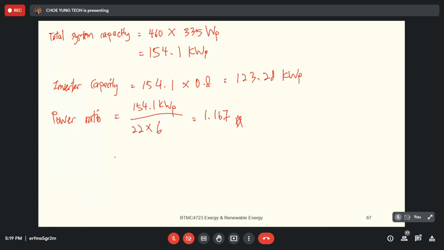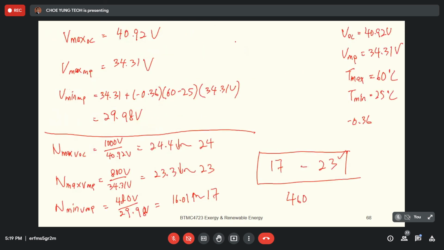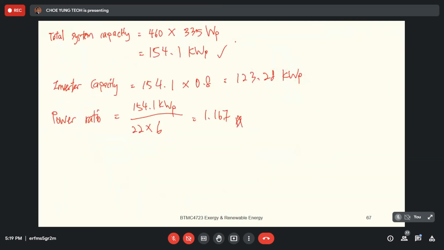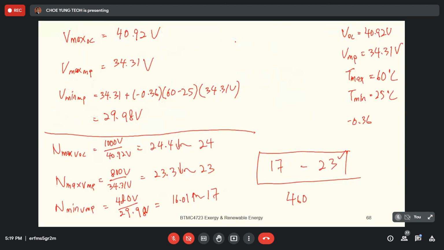Maybe I summarize: system capacity 154 kilowatt, and I need to use 460 pieces of the module, which 335 watt per module, and I need to have the 6 inverter. 460 pieces of module, 6 inverter, and then the power output is 154 megawatt. Sorry, kilowatt.